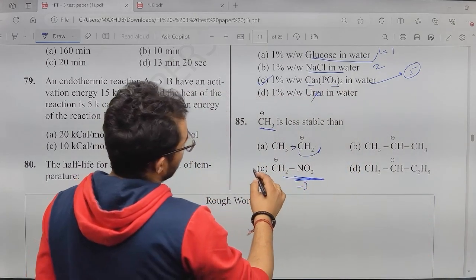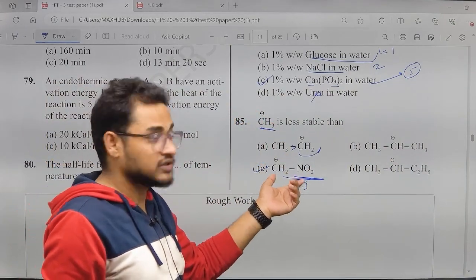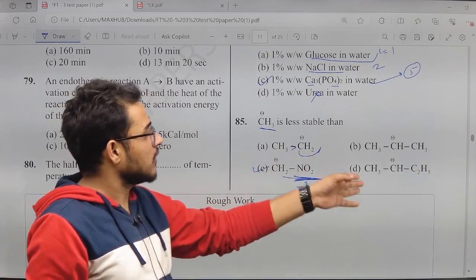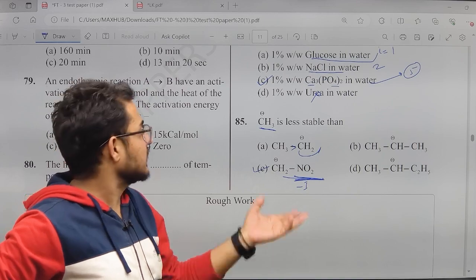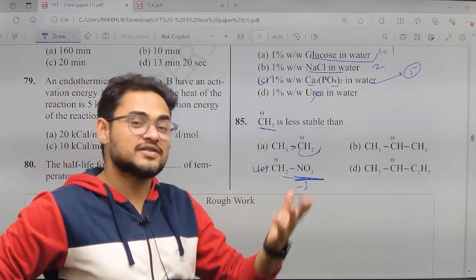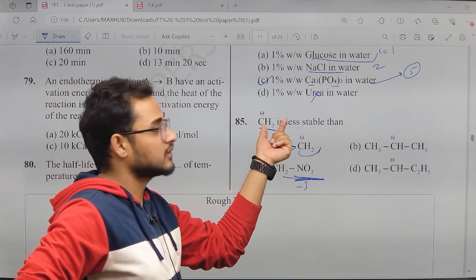All these three options are less stable than CH3 minus, but he is asking that CH3 minus is less stable than which? It is more stable than CH3 minus, so obviously CH3 minus is less stable than this.